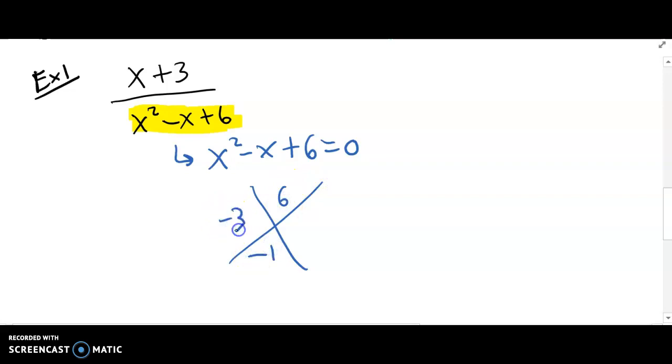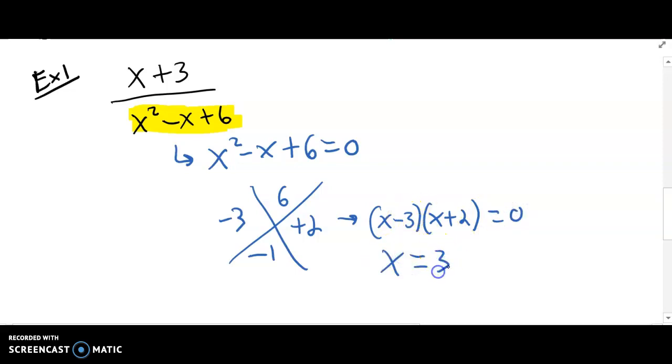If you're still struggling with factoring, please reach out to me as soon as possible so that we can set up a time to tutor and practice. So I get that x is positive 3 and negative 2. Remember, we get that by setting those to 0.